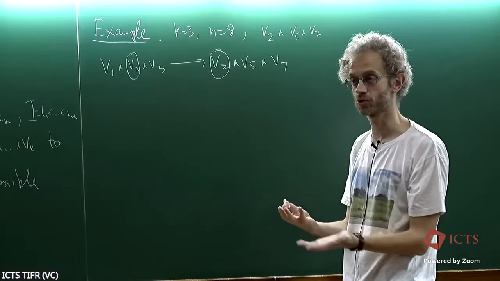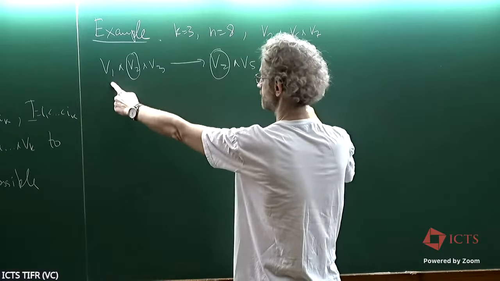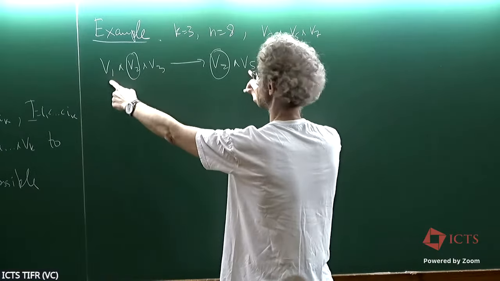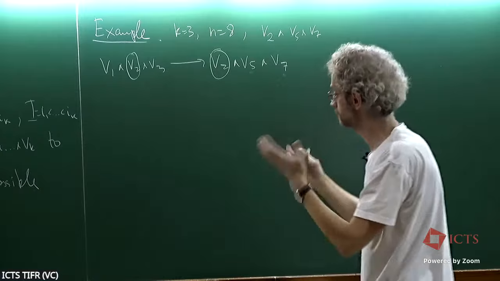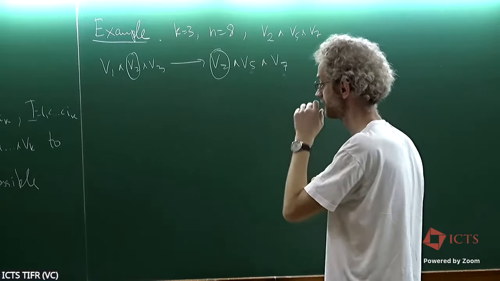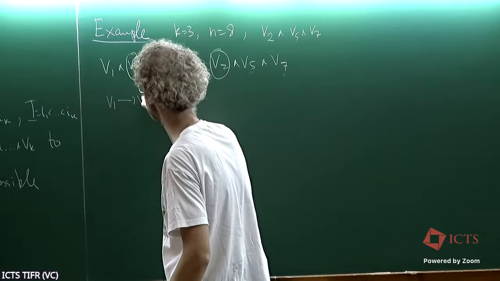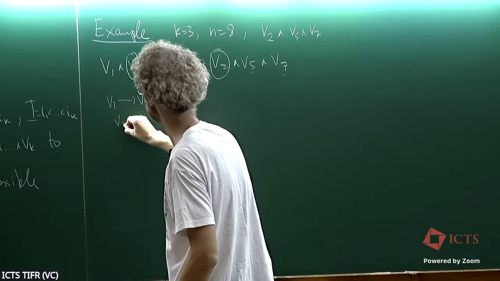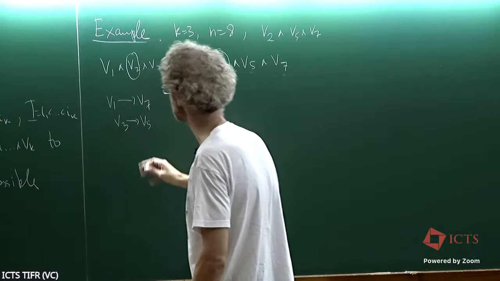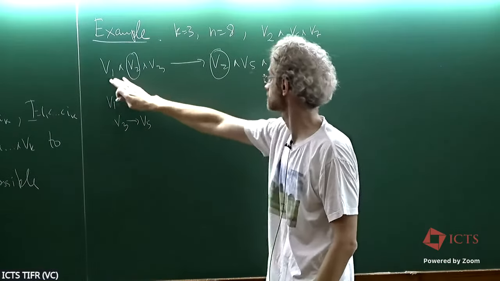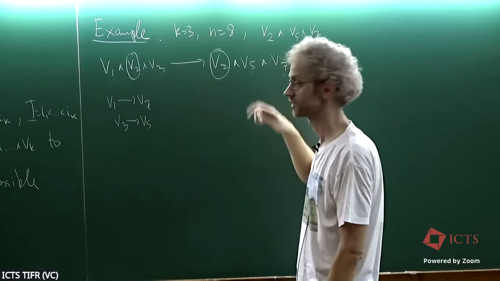There are, of course, two options. Either we change 1 to 7, 3 to 5, or we change 1 to 5, 3 to 7. Well, the correct way is to change v_1 to v_7 and v_3 to v_5. So meaning that we are changing the smallest to the largest and the next smallest to the next largest.